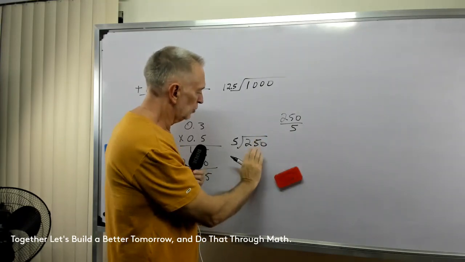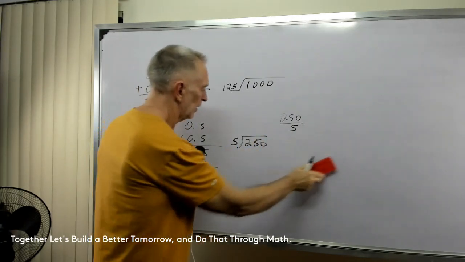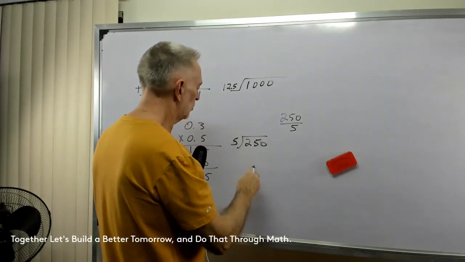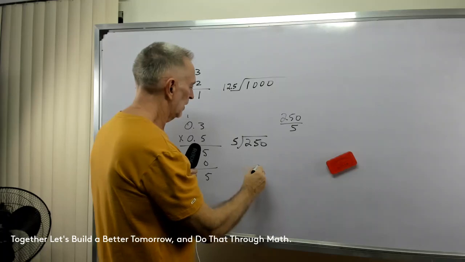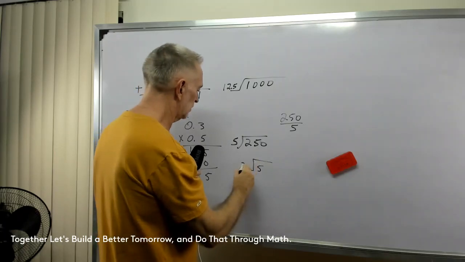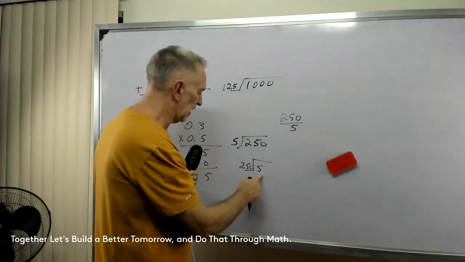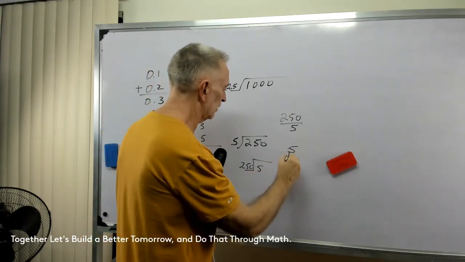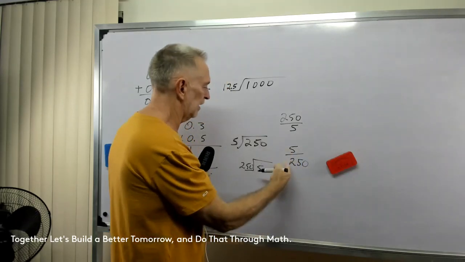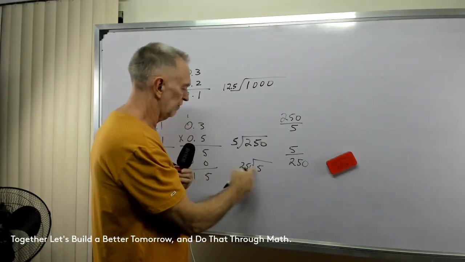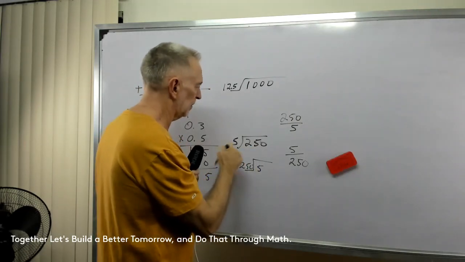Some students, if we said divide 250 by 5, would write it the other way. That's incorrect. That's 5 divided by 250. As a fraction, it would look like 5 over 250. But we're talking 250 divided by 5.